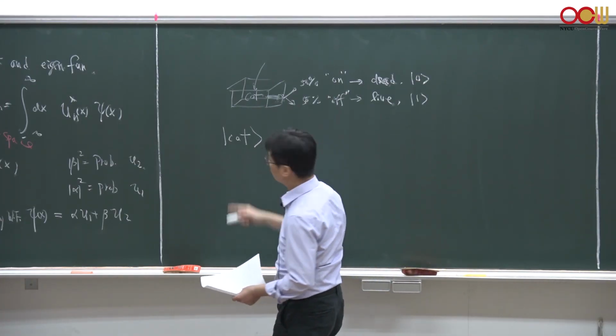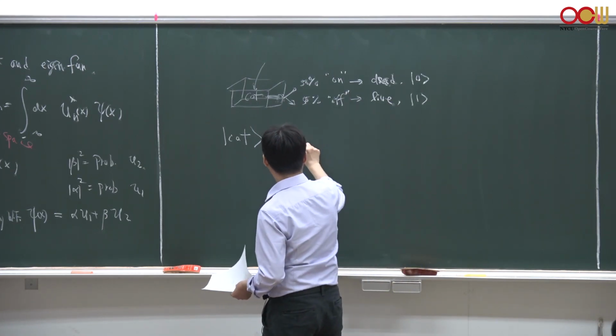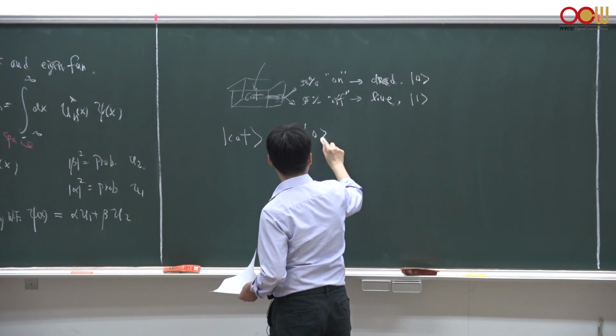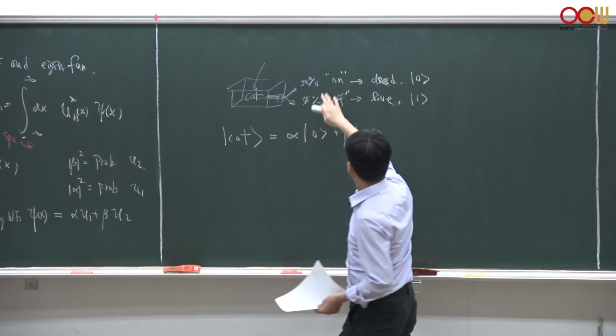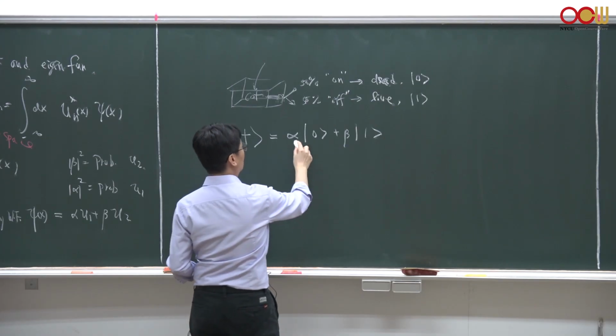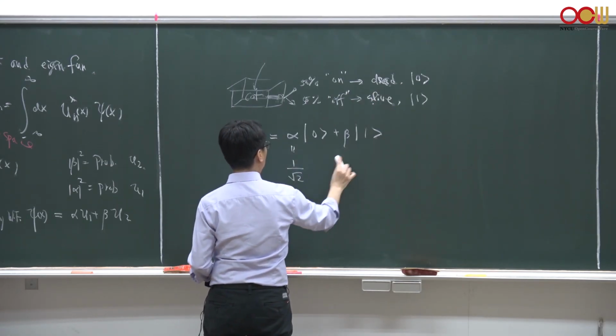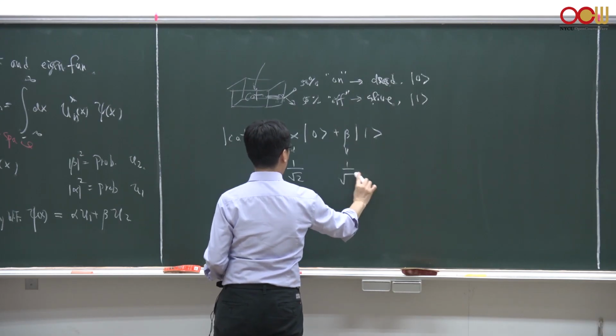Okay, so suppose we can describe the cat in a quantum state. The cat could be in a linear combination of 0 and 1, with a 50-50 percentage of dead and alive, where alpha is 1 over square root of 2, and beta is 1 over square root of 2.